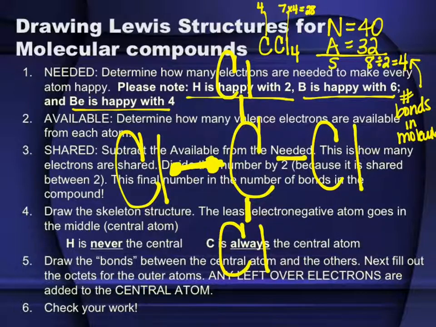Okay? So we need to have 32 electrons. We have 2, 4, 6, 8, 9, 10, 11, 12, 13, 14. That chlorine's happy. 15, 16, 17, 18, 19, 20.